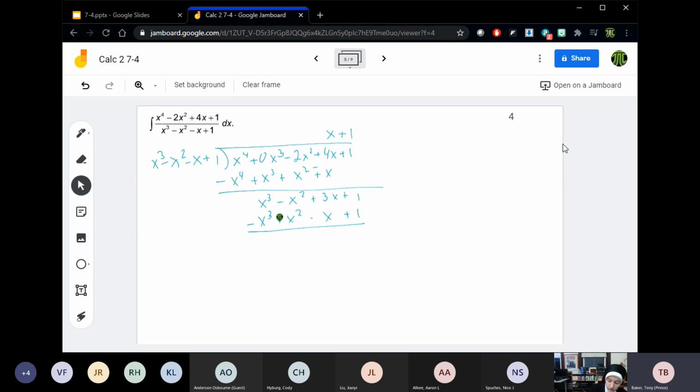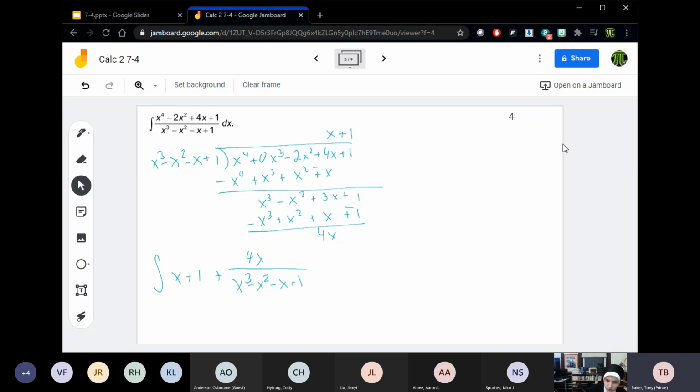Change my signs. So the first one cancels out, the second one cancels out, I end up with 4x, and the last one cancels out. So the integral I'm going to do is x plus 1 plus 4x over x to the third minus x squared minus x plus 1. So that's the integral that we're actually going to work with.